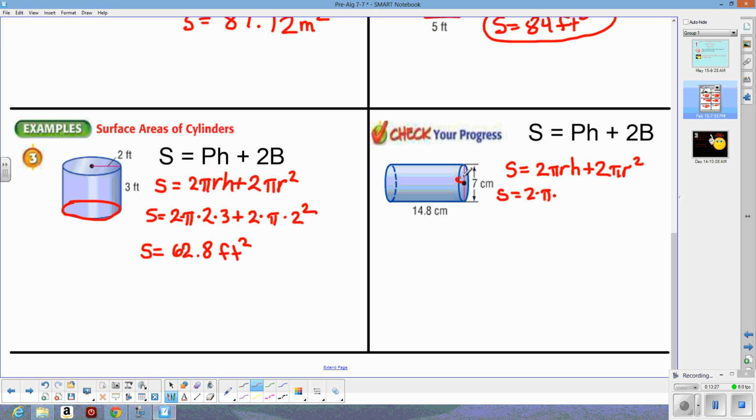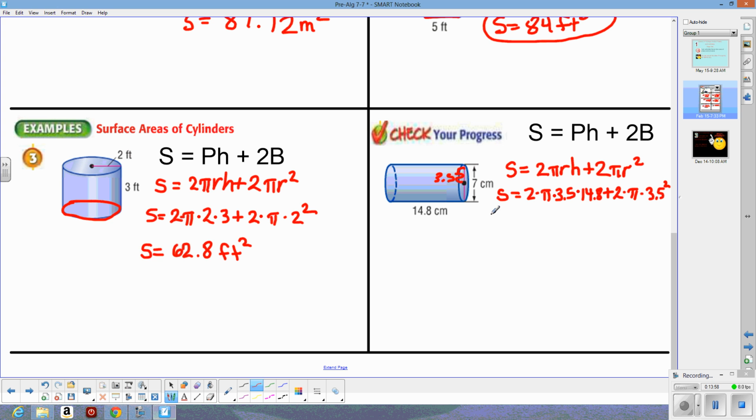The radius is halfway across, so it's going to be 3.5 times the height. The height is 14 and 8/10 plus 2 times pi times the radius squared, so 3.5 squared.